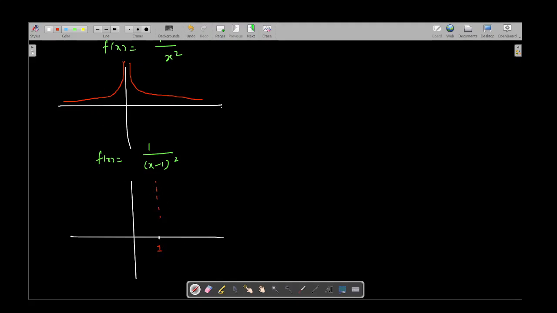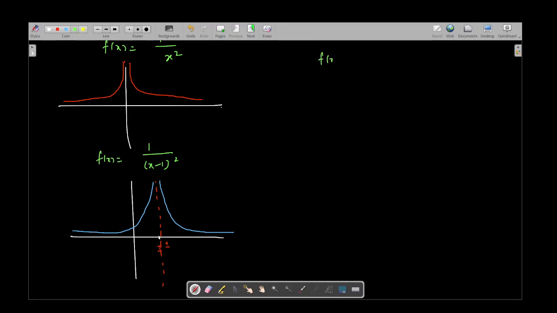So if I draw a line like this, at x equal to 1, it is infinity. So from 1, it goes to 0 like this, and from here, it goes to 0 like this. So this is what f of x equal to 1 by x minus 1 whole square would look like.